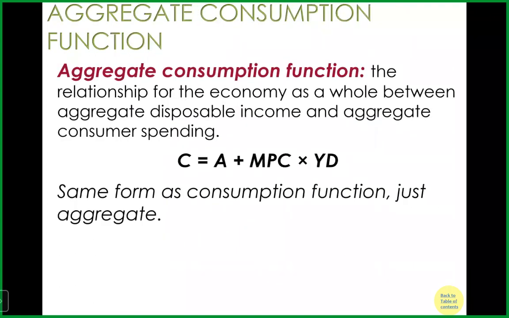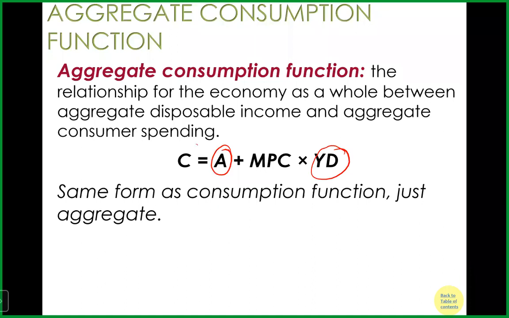Now we are going to look at the aggregate, which essentially just moves from individual to aggregate, summed together. And we are going to have an almost identical functional form, except now we move from individual, because before we had lowercase a to capital A, lowercase yd to capital YD, meaning aggregate.